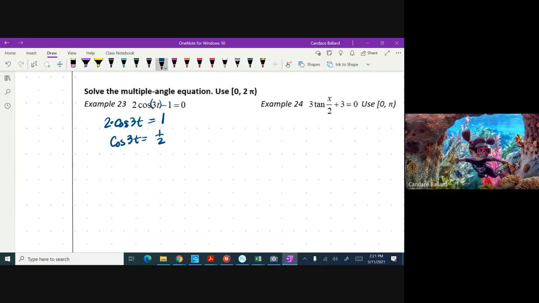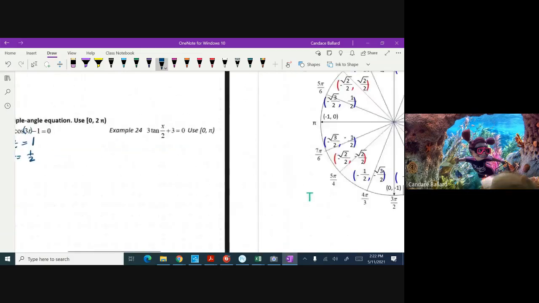All right, now we're going to go to our unit circle, just like we did before, okay? And we're going to find that on the unit circle. Is cosine the x value or the y value? Good. All right, I'm seeing a lot of x's. Okay, so we're going to go over to my unit circle. I think I've got one hiding. Oh, yes, I do.